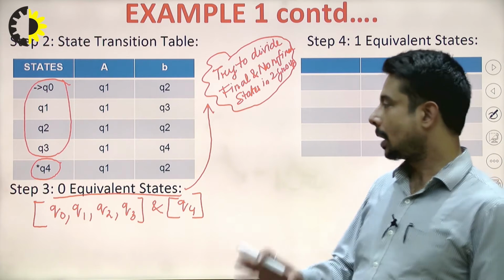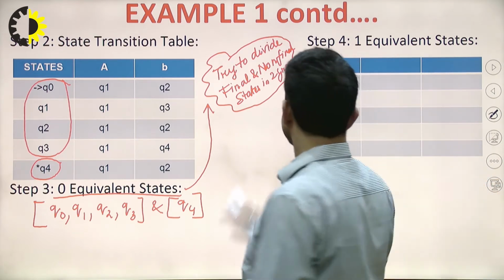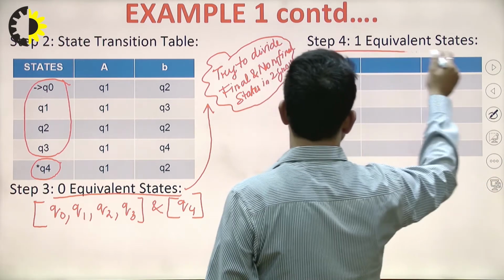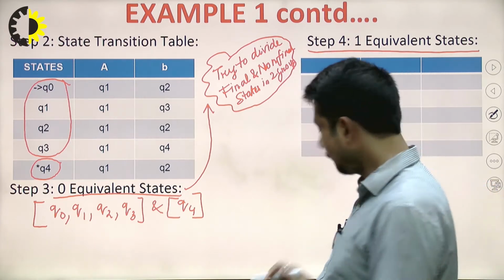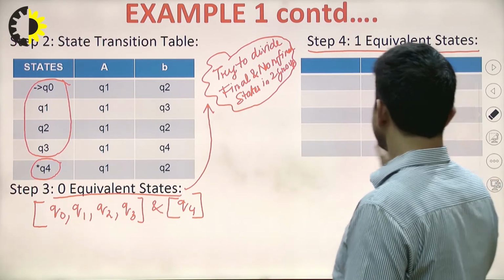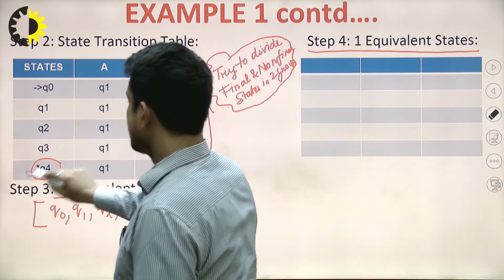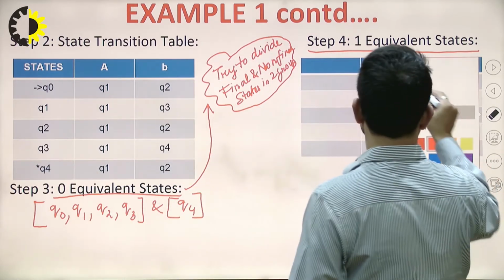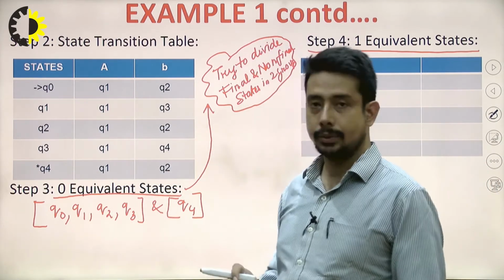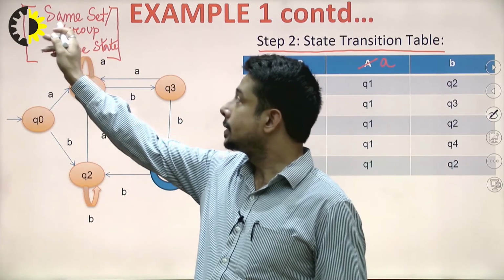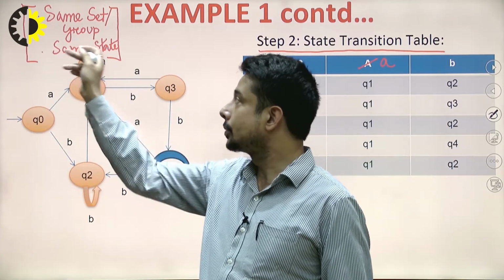Okay. Now comes 1 equivalent state, step number 4. Now how to do 1 equivalent states? Let me erase this thing. Okay. Now if we have to do 1 equivalent states, we need to follow 2 things. Number 1, same set or group. Number 2, same state.